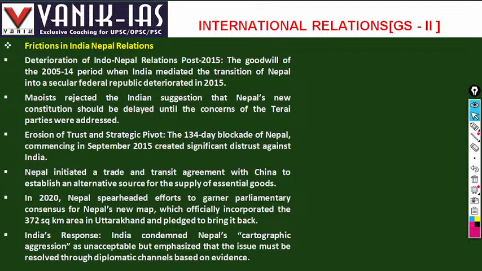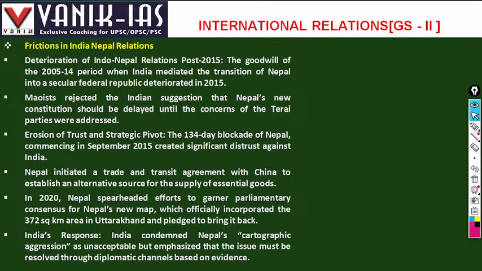When the transport vehicles were blocked in the Tarai region, the Nepalis felt hardship, and they have the apprehension that this economic blockade in the Tarai region by the Madhesi is being supported by the government of India. So the trust between India and Nepal started deteriorating to a considerable extent.